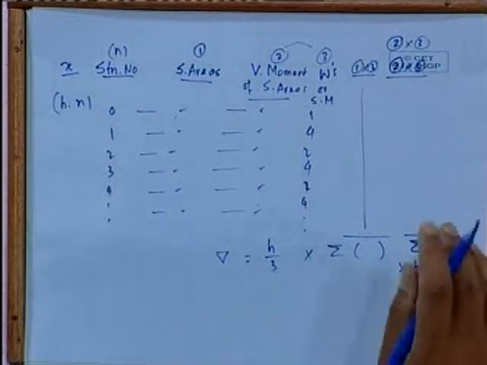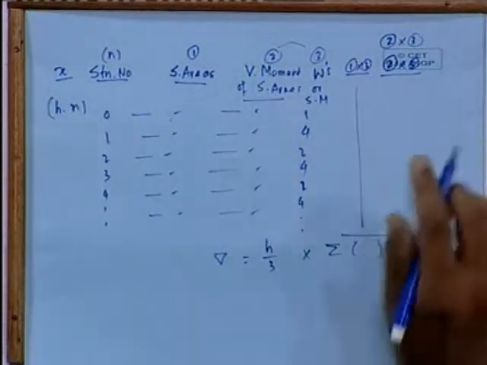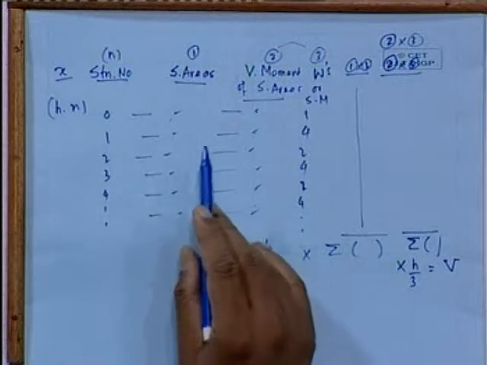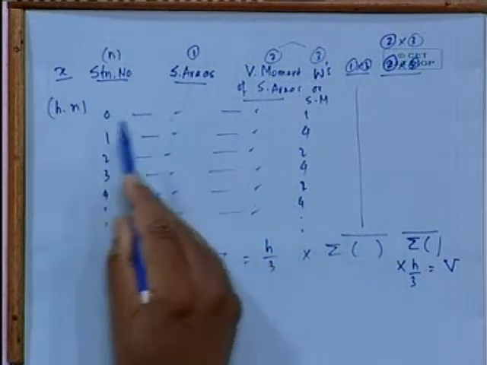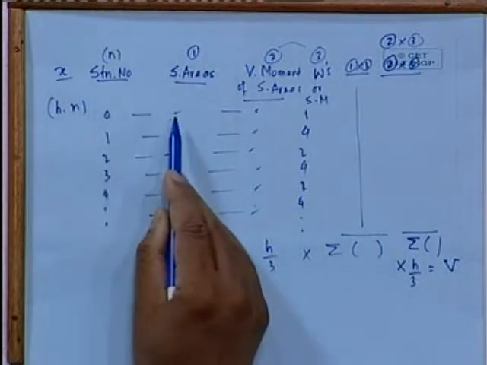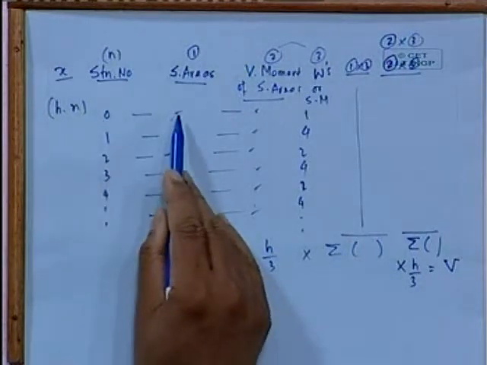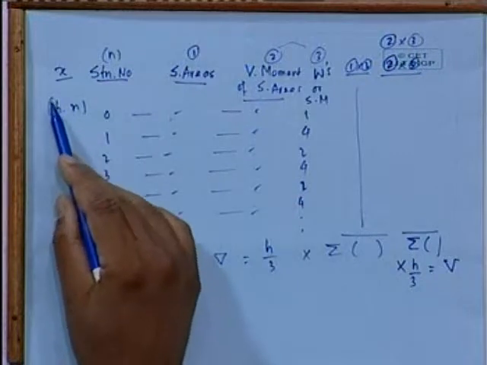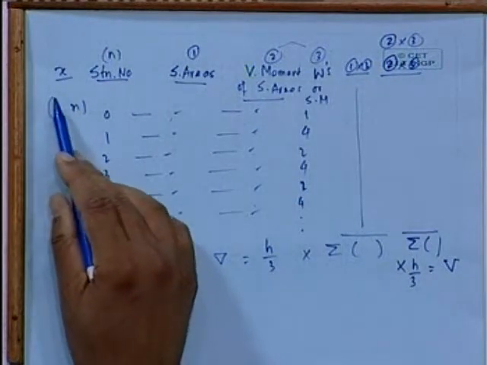Then of course I have to find L. For that, I take these section areas and multiply by the station numbers. Basically I should multiply with H, but as I said earlier, H is taken out because it is a common number.